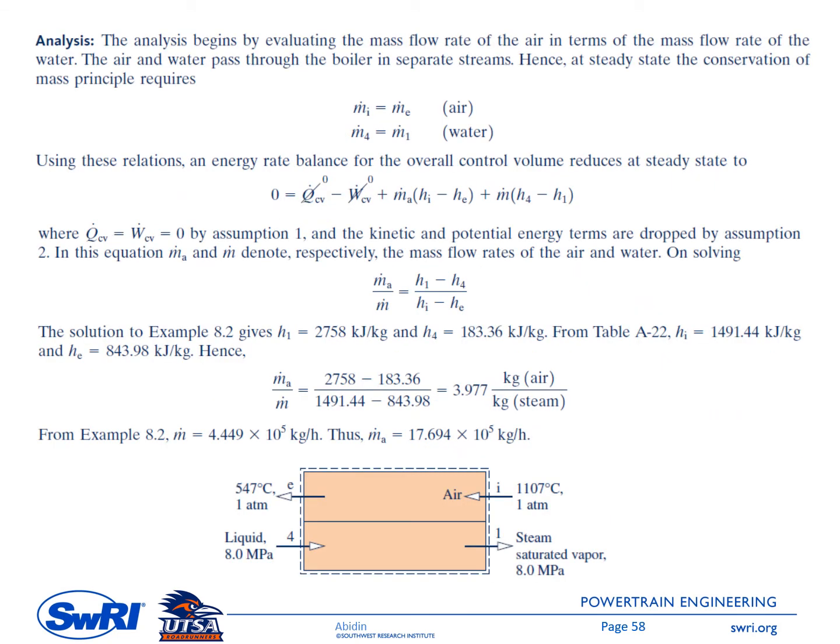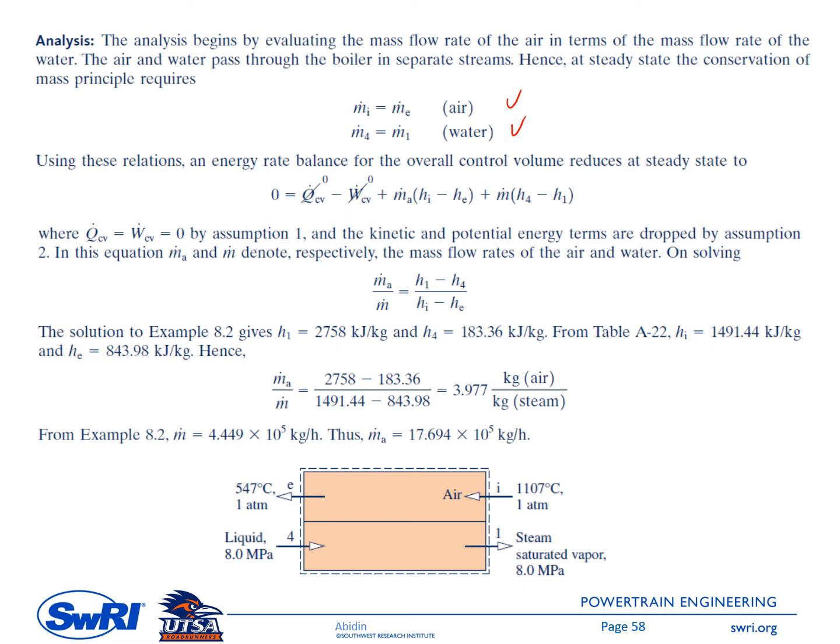So first we're looking at the conservation of mass principle inside the heat exchanger. So from the gaseous stream, air, we know that the mass flow in equals the mass flow out. Similarly, we have mass flow in equal to mass flow out for the water stream.